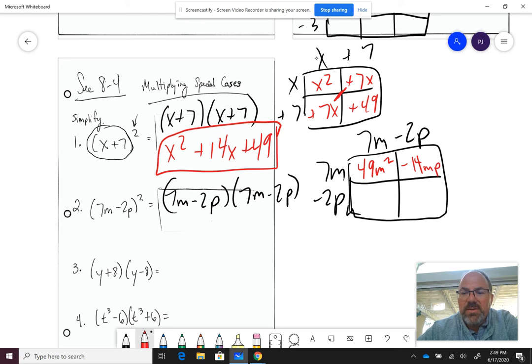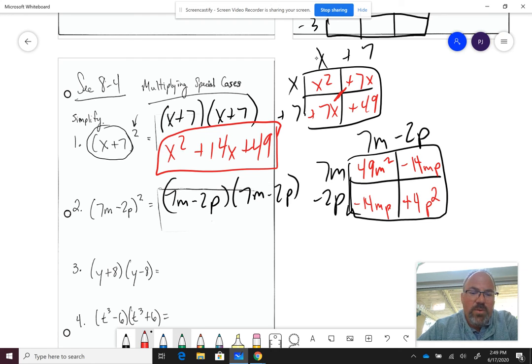Usually you write your letters in alphabetical order. Okay, and negative 2p times 7m, negative 14, and again keeping with alphabetical order, I'm going to write the mp. It's m times p. Anytime you have multiplication, you just put the letters next to each other and they mean multiplying. You don't have to put a multiplication symbol there. Negative 2p times negative 2p is positive 4p squared.